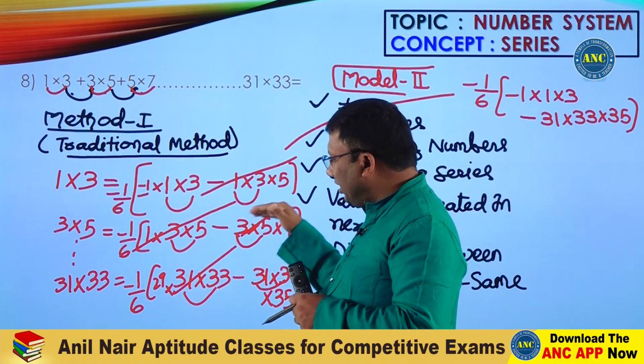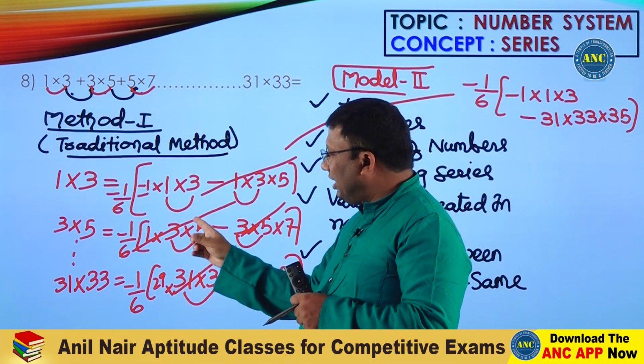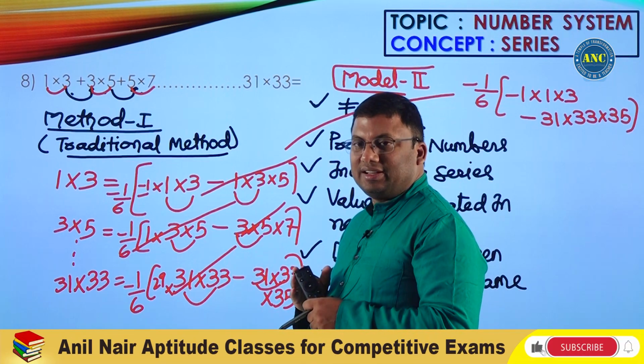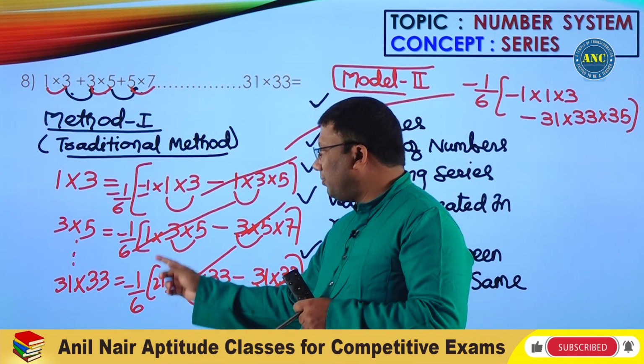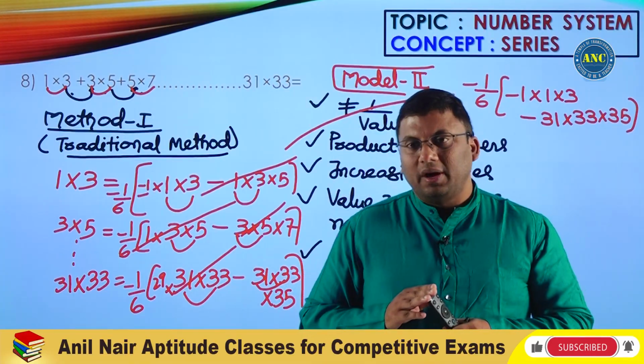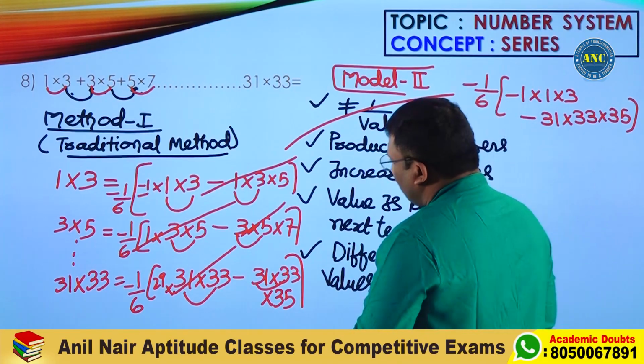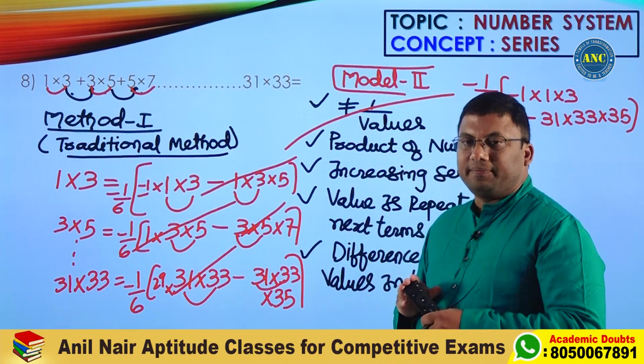All intermediate values will be cancelled. All middle level values will be cancelled. Minus 1 by 6, first and last: minus 1 into 1 into 3 minus 31 into 33 into 35.